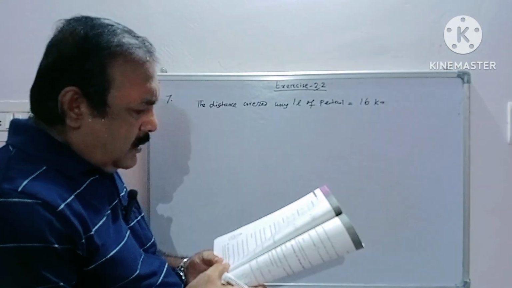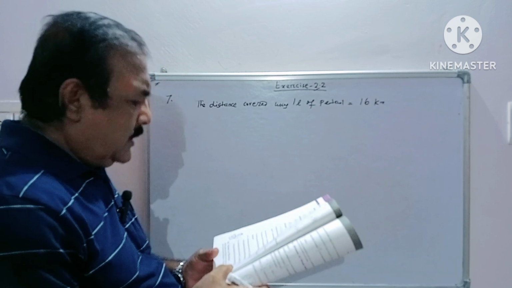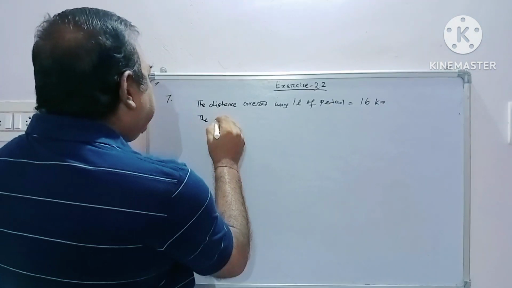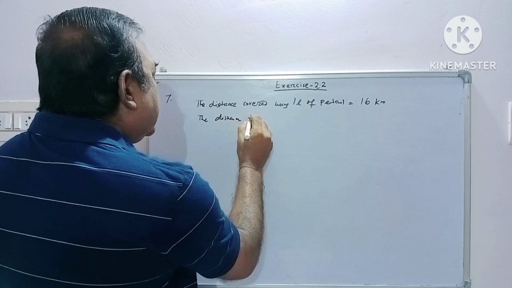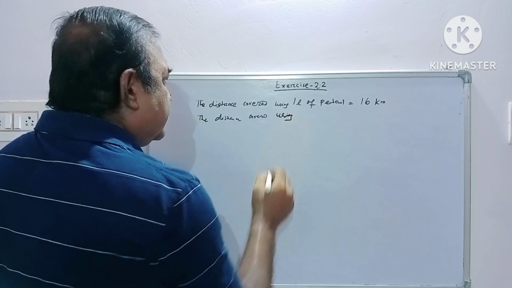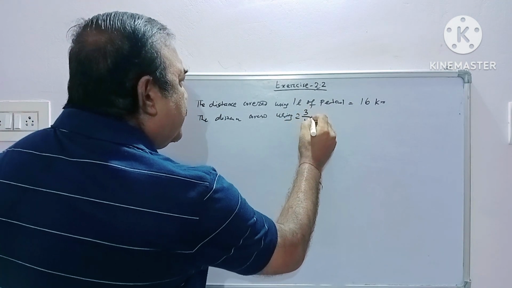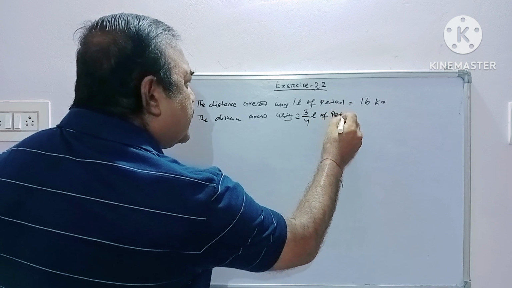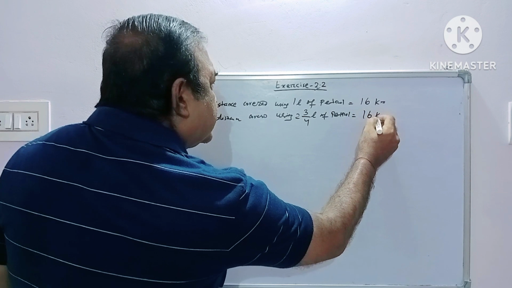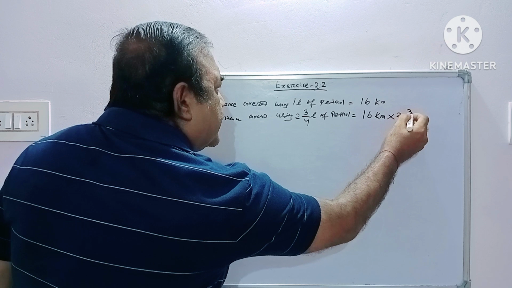So how much petrol has been used? 2 whole number and 3 upon 4 liters of petrol. So the distance covered using 2 whole number and 3 upon 4 liters of petrol is equal to, now we have to multiply 16 kilometer into 2 whole number and 3 upon 4.